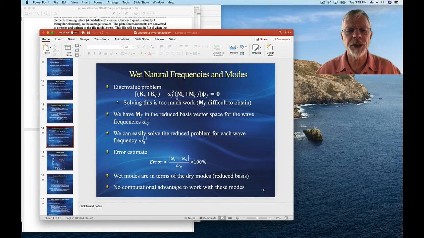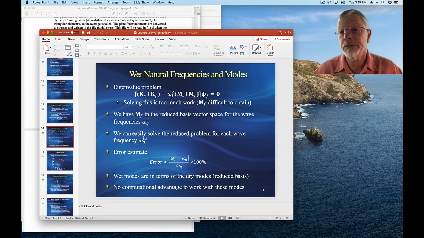But the process is Mf star is a function of frequency. So we have a series of frequencies. In this particular example, we have 67 frequencies. So we have 67 different values for M sub f. And for each one of those, we solve this eigenvalue equation. And it's an 18 by 18.